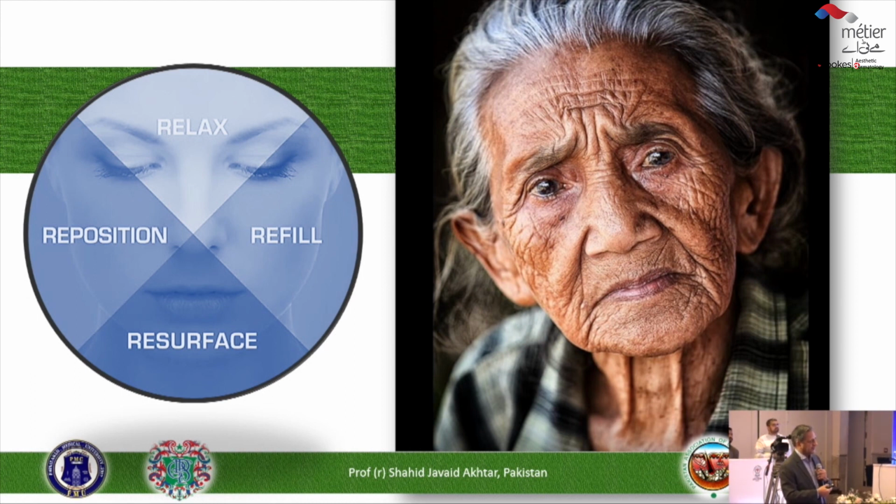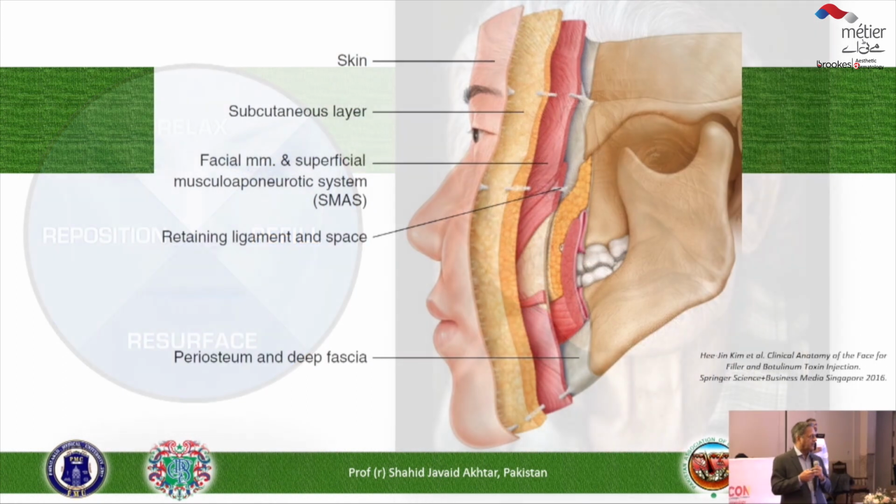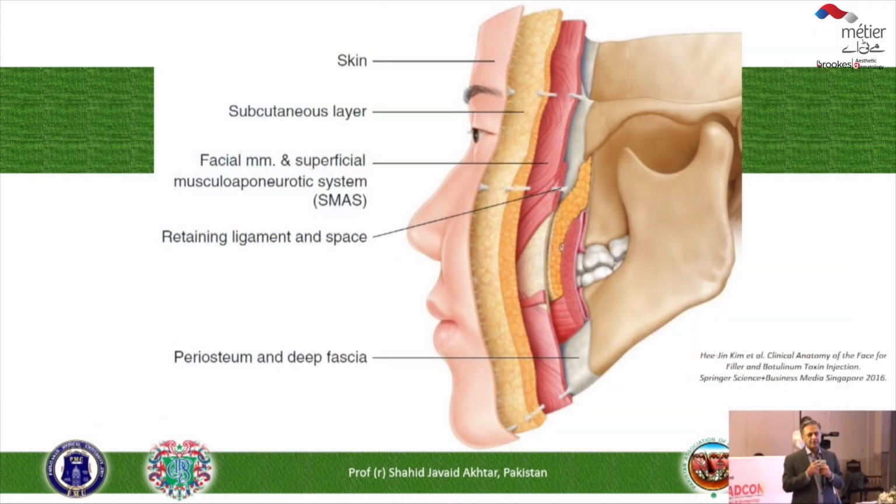We can treat the surface with resurfacing techniques, the tonicity of muscles can be relaxed, and we can reposition the drooping superficial fat, only the superficial fat, not the muscles, and we can refill the atrophic deep fat pads. But let's go to the basics.